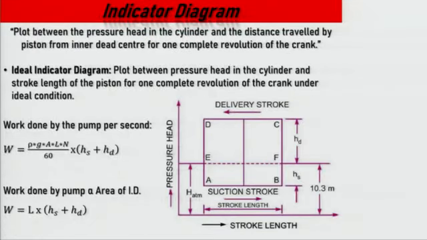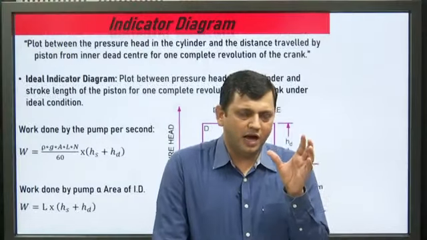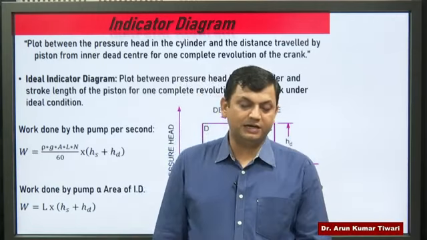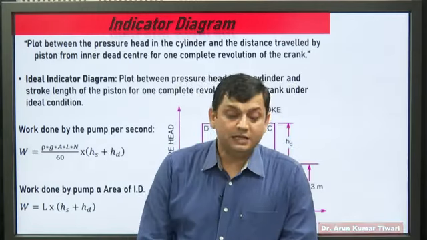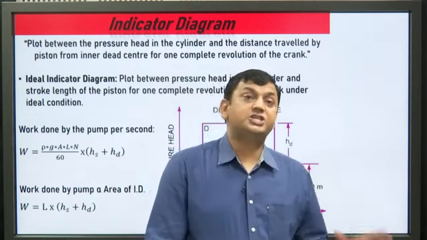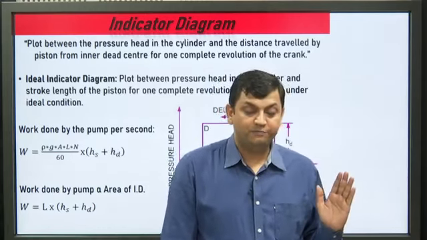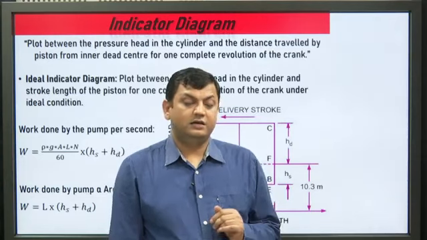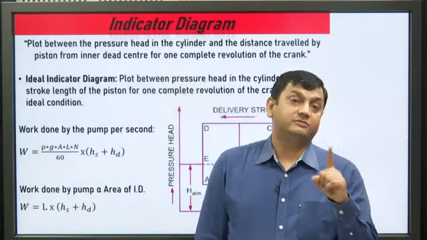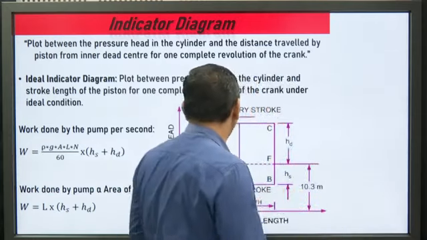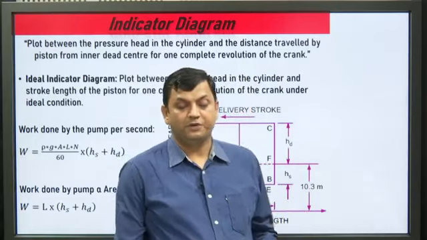Then ultimately is the indicator diagram. What is the indicator diagram? In the ideal situation, this is the plot between pressure head, because we have calculated the pressure head in the cylinder, and the distance travelled by the piston from the inner dead center for one complete revolution of a crank.